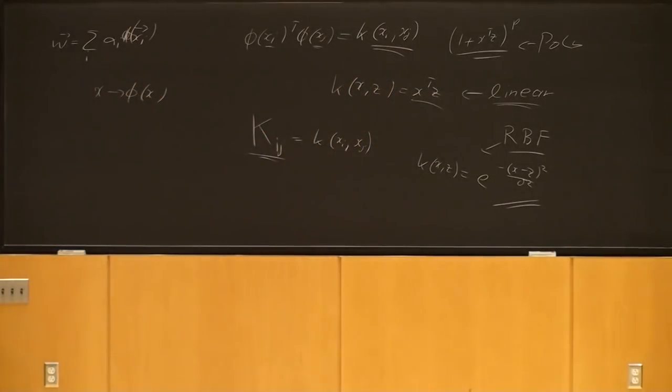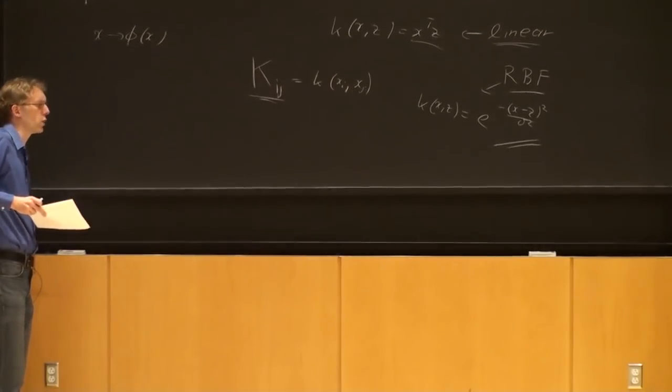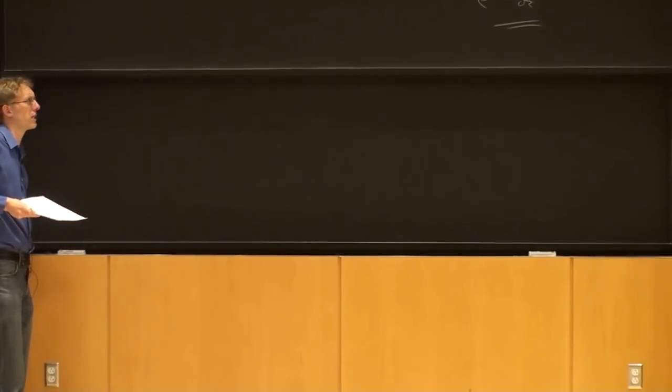So these are the most common kernels, but you can construct your own. And what I want to show you today are some rules showing that constructing your own kernels is quite simple. And it's to some degree a superpower if you know how to do this, right?